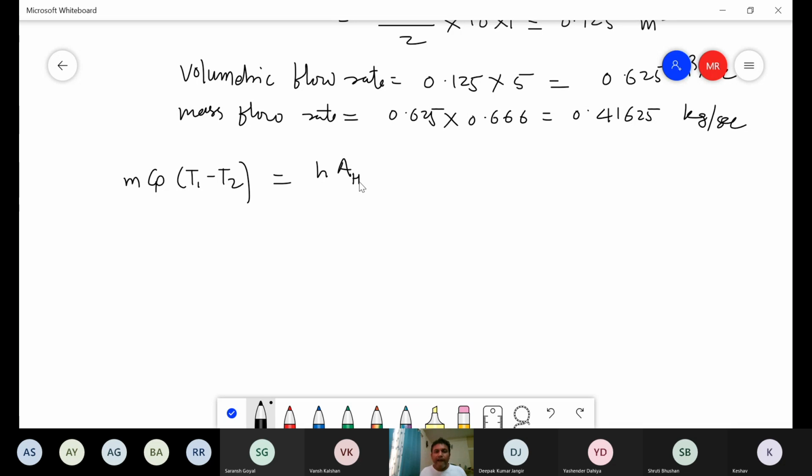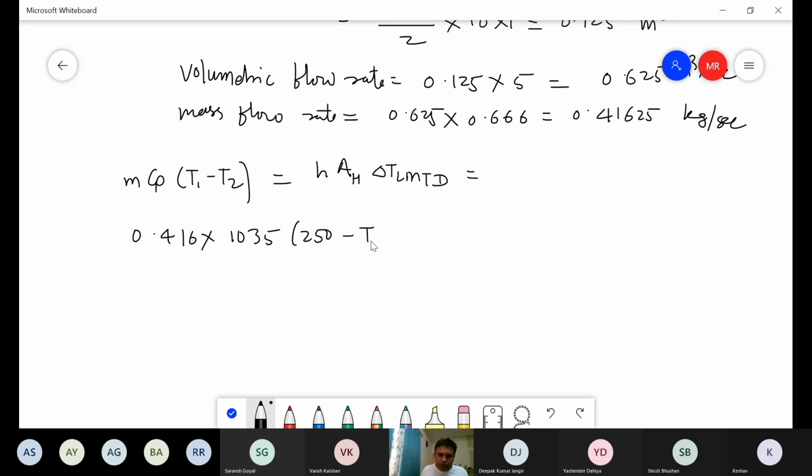So this is the heat transfer area, A_H, into delta T LMTD. So this can be written as, maybe I'll just write it down here. So 0.416, let's put it. Cp, the value of specific heat in this case, is given as 1035. Temperature T1 is given as 250.